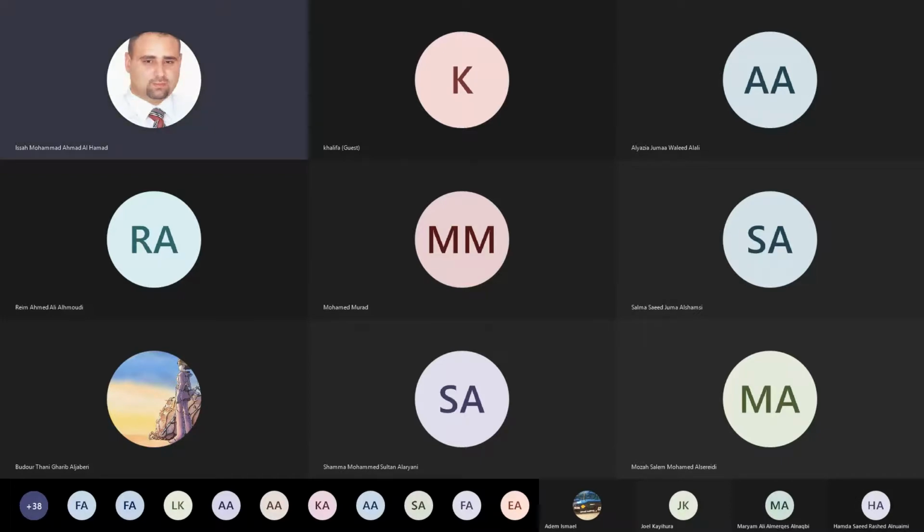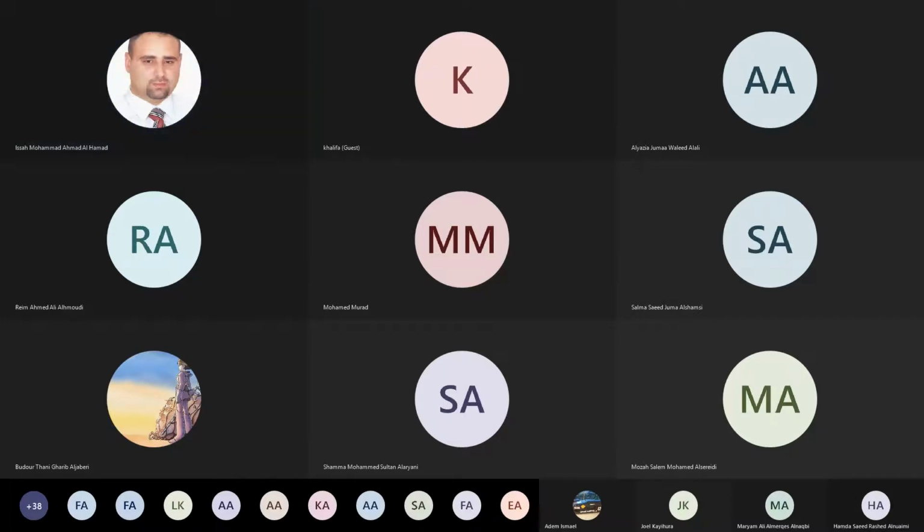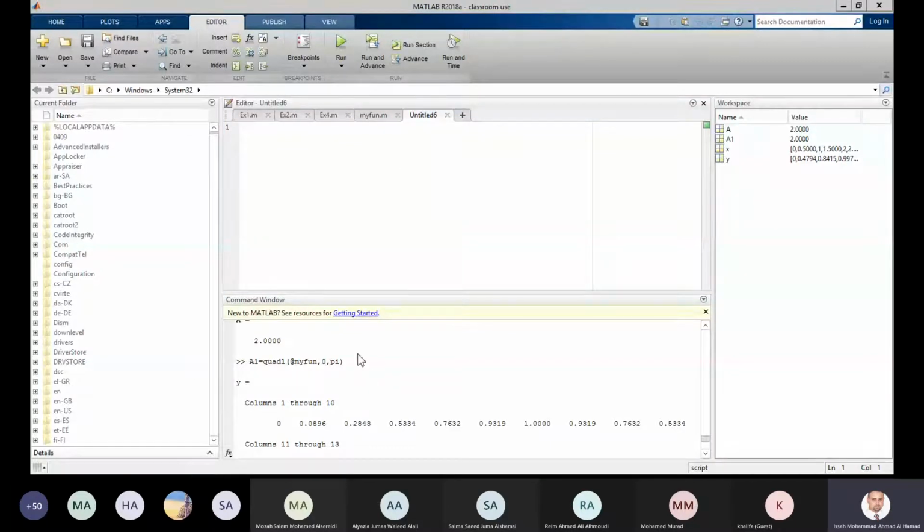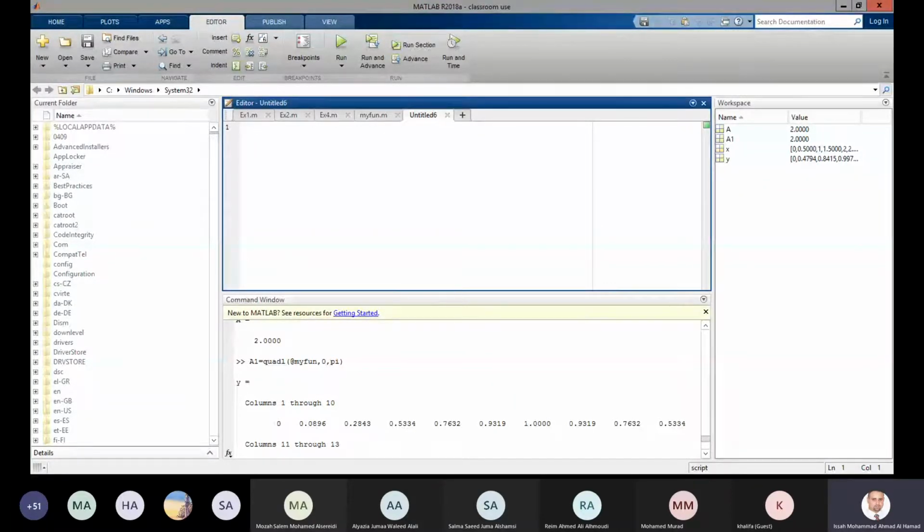Okay, so I will start sharing from Matlab now. I will make a new script file. Now I need to define a function called x dot.